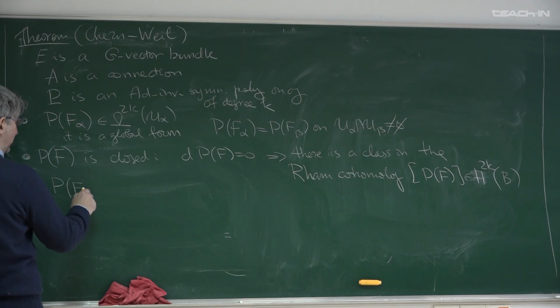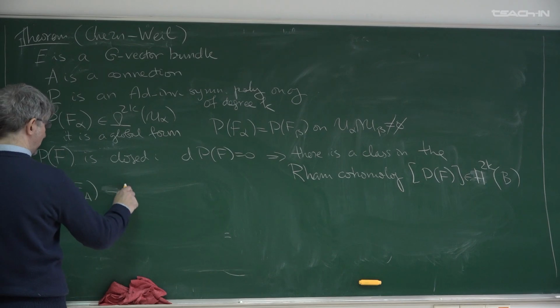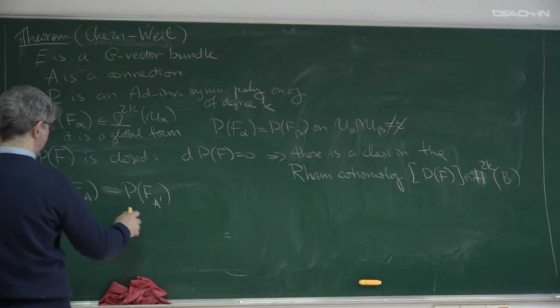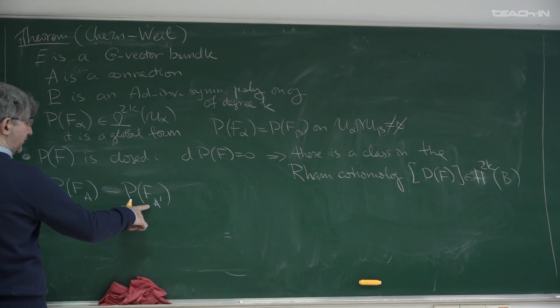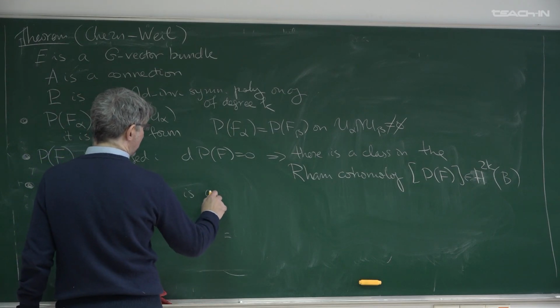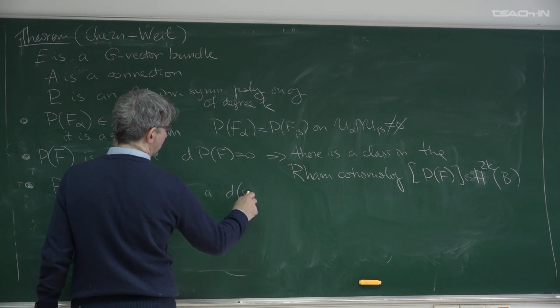P(F) defined by connection A, the difference between them and P(F) defined for connection A prime is d of something.